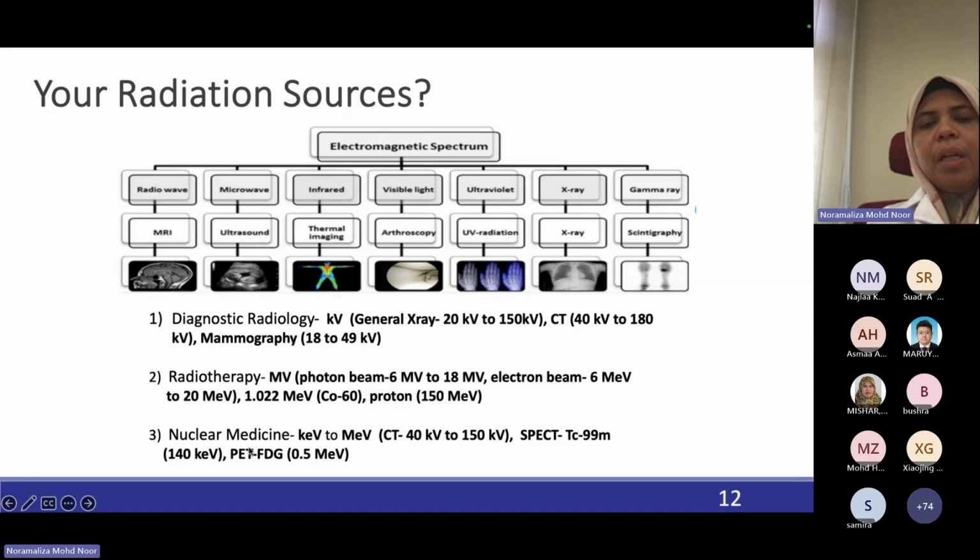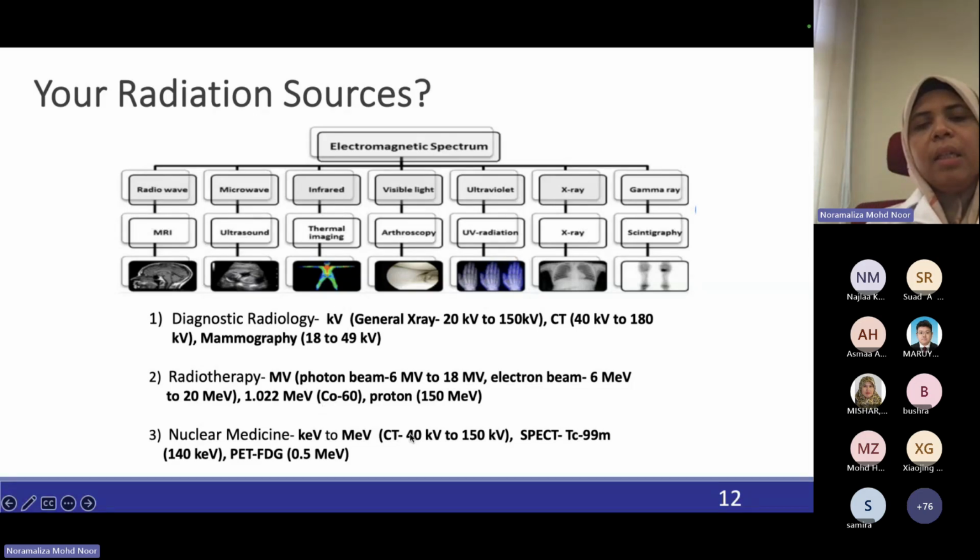And then for nuclear medicine, the energy could be from keV to MeV. It really depends, because nowadays we do have hybrid imaging, which is a combination of imaging for diagnostic purposes, for the positioning of the structures and also for the functioning. That's why, with this hybrid imaging, we have an energy range from keV to MeV.